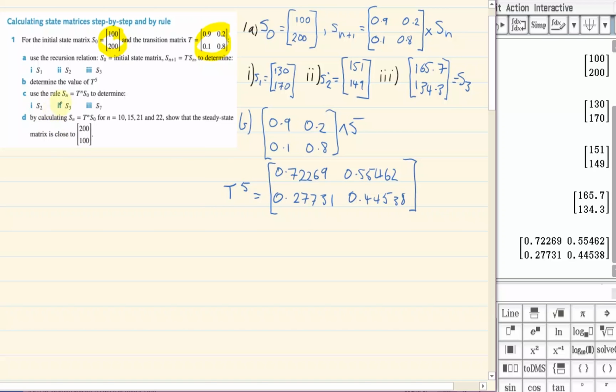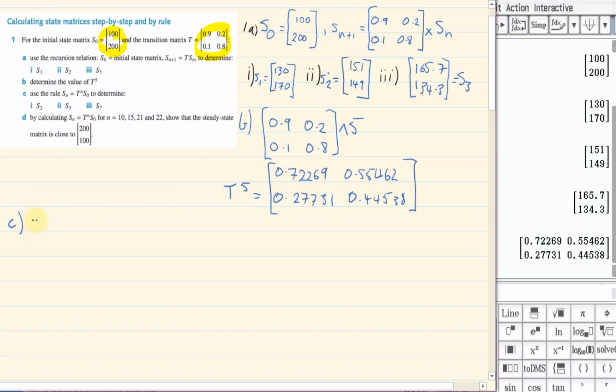Part C asks us to use the rule Sn equals T to the power of n times S0. This allows us to find any nth term without having to perform the recurrence.